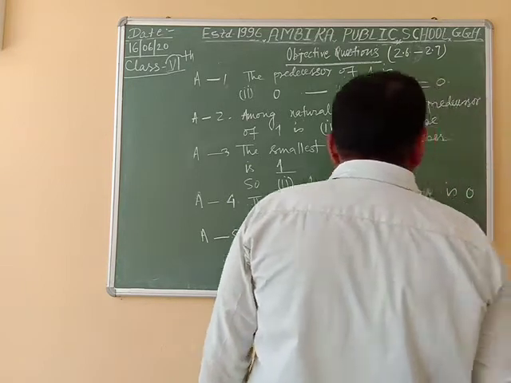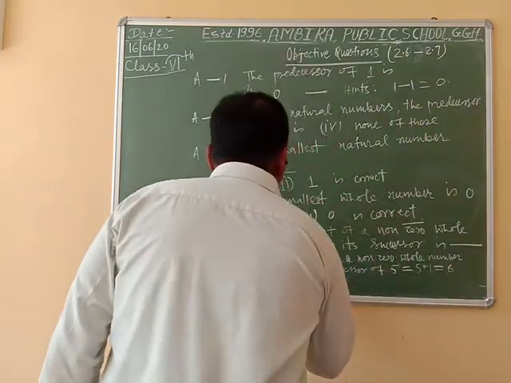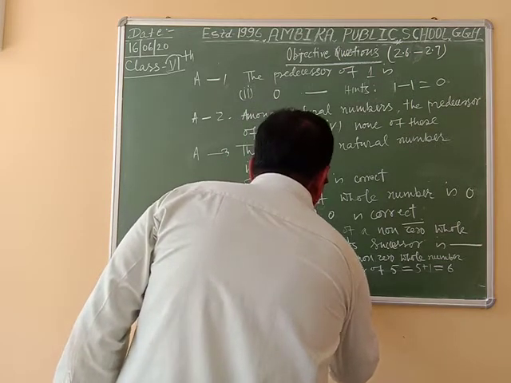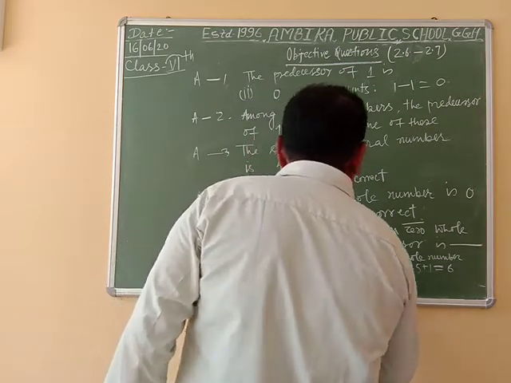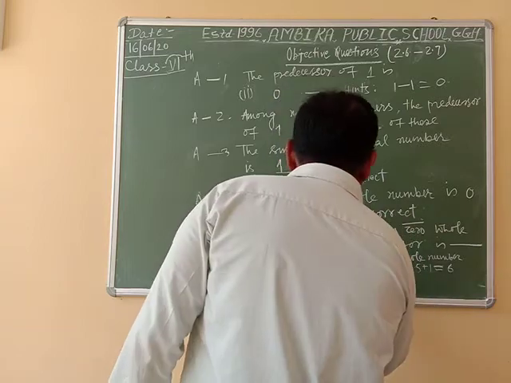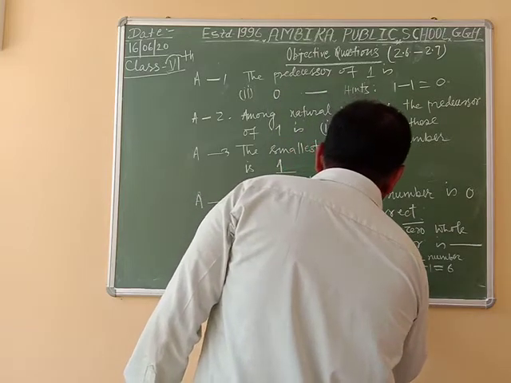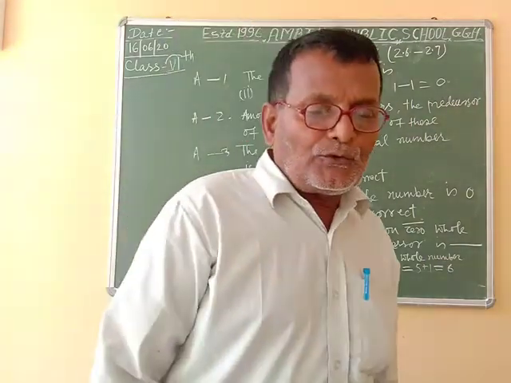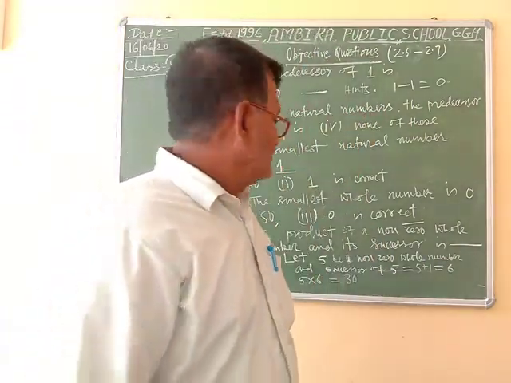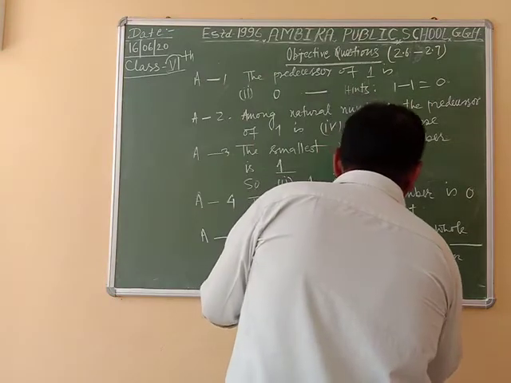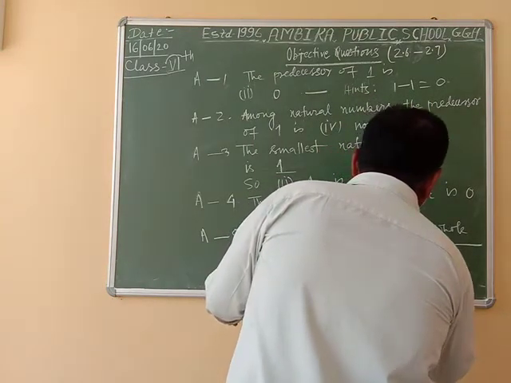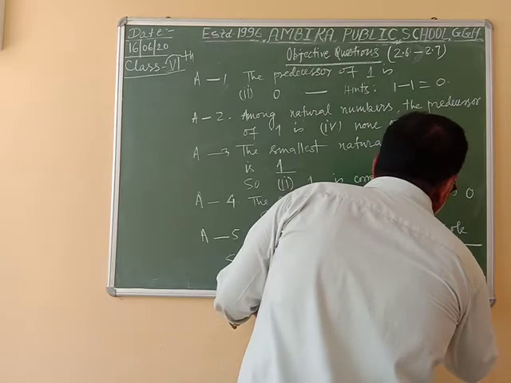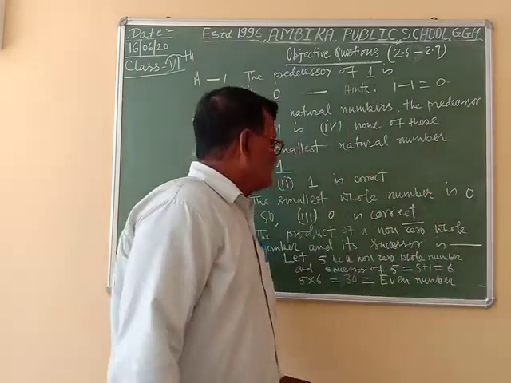Now we multiply 5 into 6. Multiplying 5 into 6, we get 30, which is an even number. So the option 2, even number. 30 is an even number because it is divisible by 2.